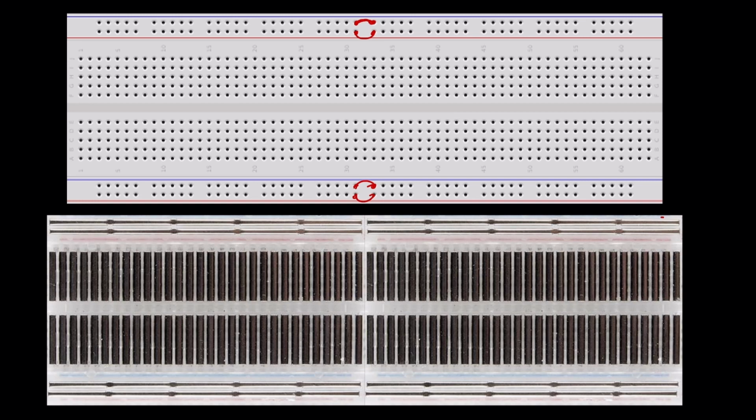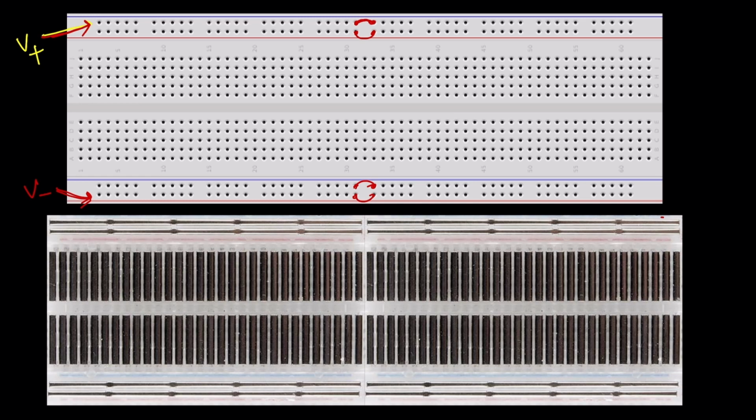So you need to connect the V positive in this particular power rail, the top one, and V negative in this particular power rail, the bottom one.